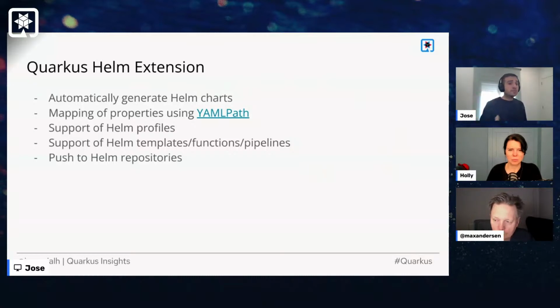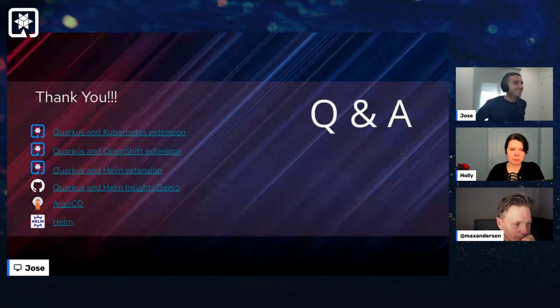Something I didn't have time to demonstrate is that Quarkus Helm also supports full and complex Helm templates, a way to modify the resources, including adding functions or pipelines. And it also supports Helm profiles, just to provide different values to the YAML file, for example, to use another host for development or this kind of thing. Yeah, very cool. And that's all.